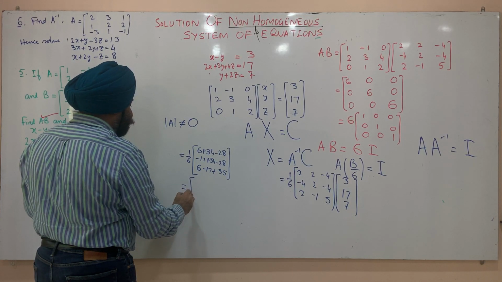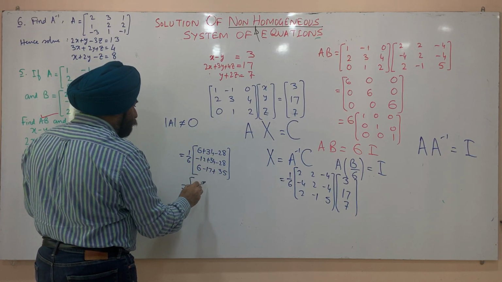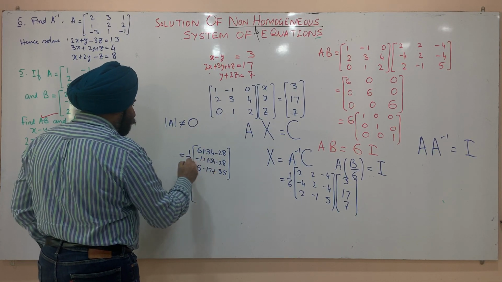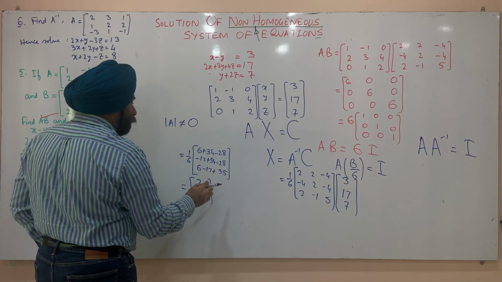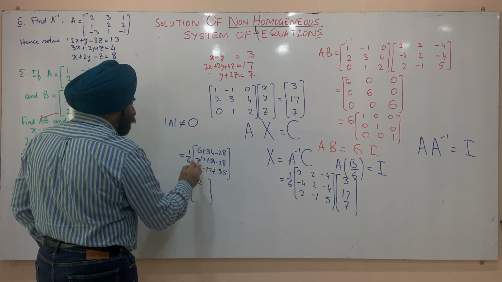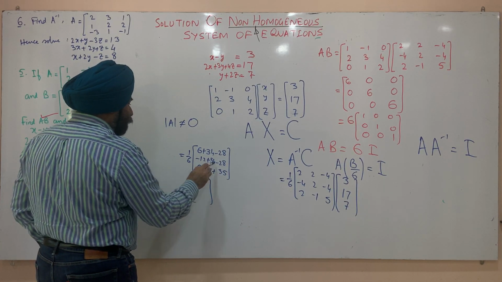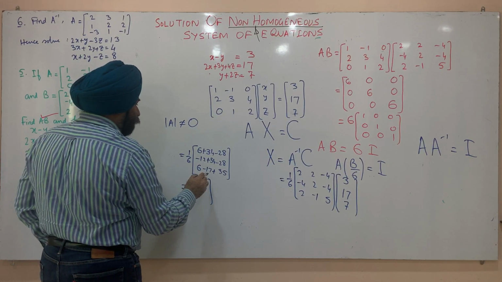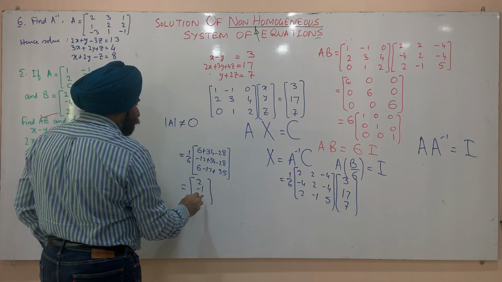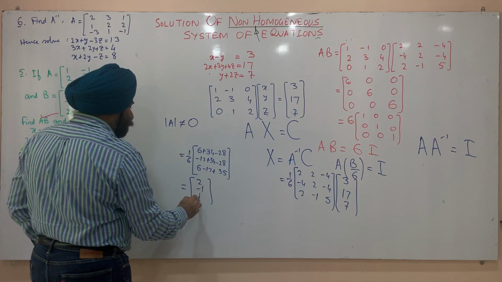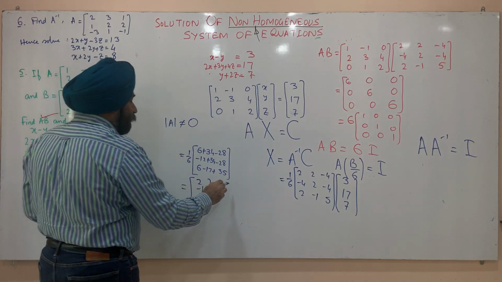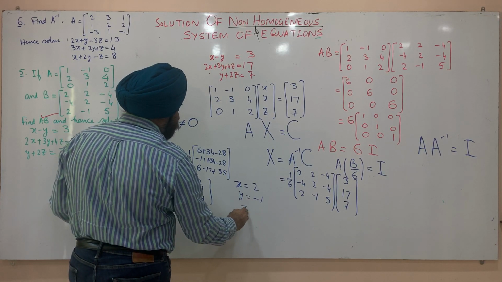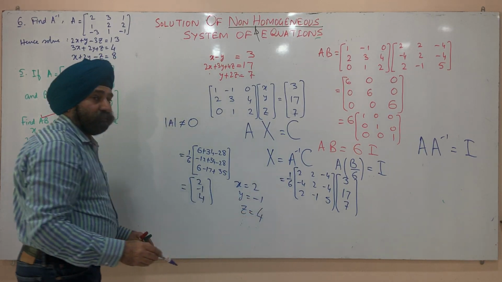This is 40 minus 28, which is 12 upon 6, so this is 2. Minus 6 upon 6 is minus 1. 41 minus 17, 24 upon 6 is 4. So we have x is 2, y is minus 1 and z is 4.